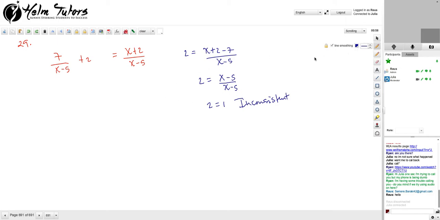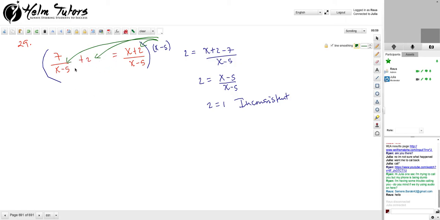Okay, the other approach is much the same way that you did 23, clear the denominators. If we want to clear the denominators, I should multiply both sides by what? X minus 5. That's right, exactly. Good job. If I do that, it multiplies the 2 crucially. That's the one worth highlighting.